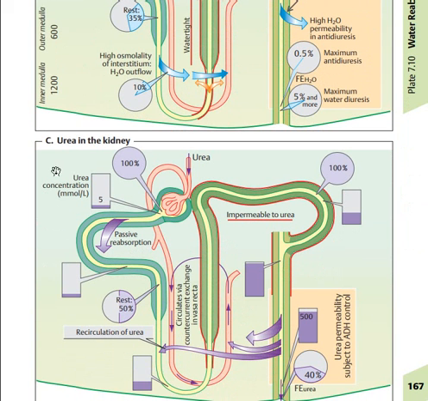So now let's visualize how urea is going to maintain the osmolarity of the medulla of the kidney. It starts first with urea passing in through here. You are going to have a concentration of 5 millimoles, or 100% of urea, at this level. Passive reabsorption of urea is going to occur.